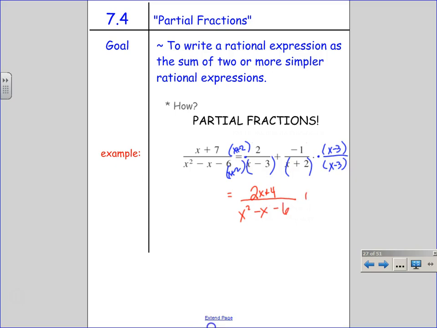Over here I could have plus, distributing my negative 1, the same way we did our 2. Negative x plus 3 over, hey, it's the same pair of factors, so it should get the same thing. 2 minus 1x is 1x, and 4 plus 3 is 7. How'd we do? Good.